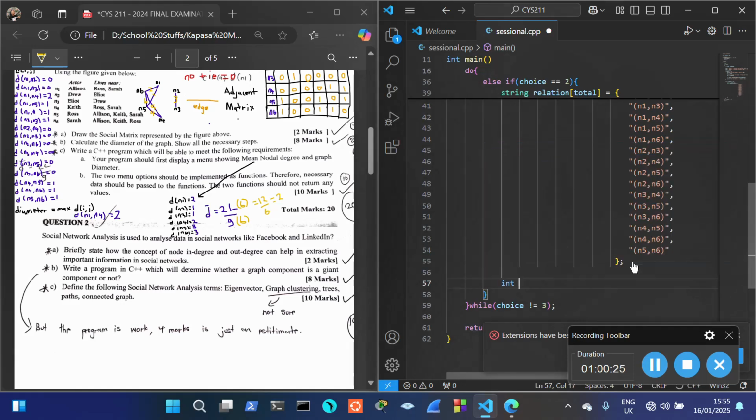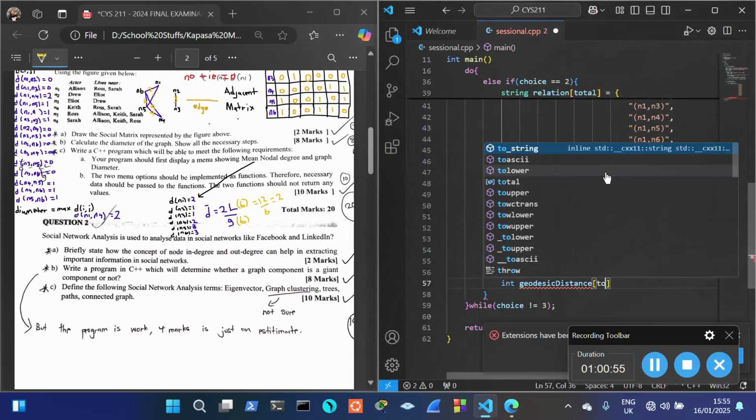We are going to say int, then what's the name of the array. Since these are the geodesic distances, I can simply call it geodesic distance. That's the array we've created. It has a total of 15 geodesic distances, and since that value is equal to total, we simply say total.